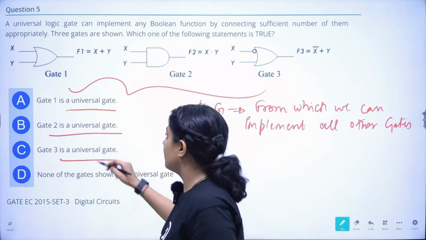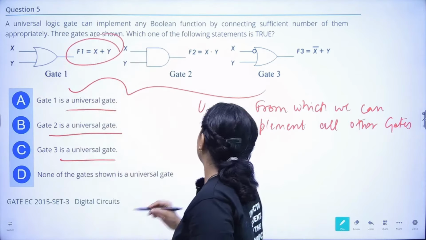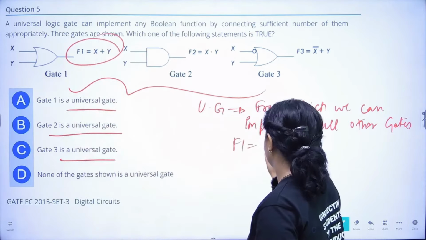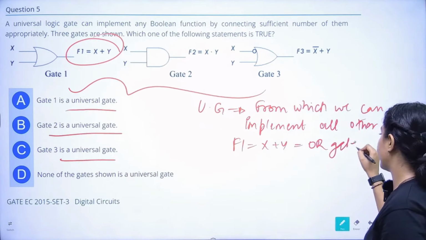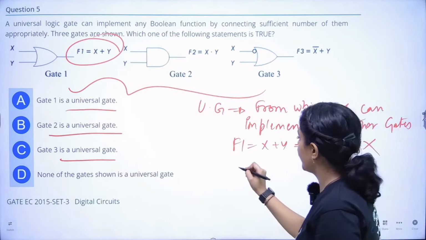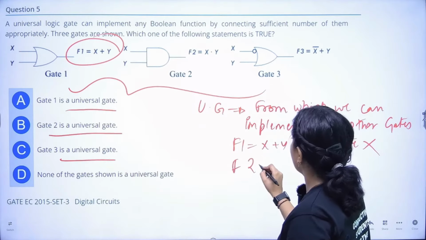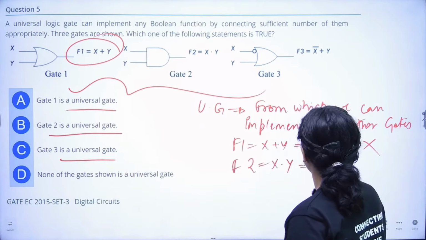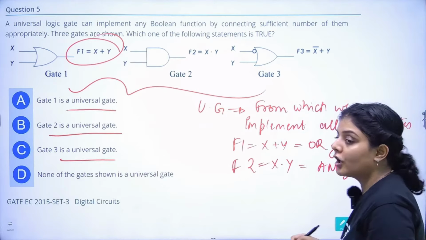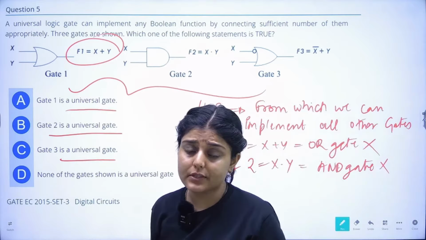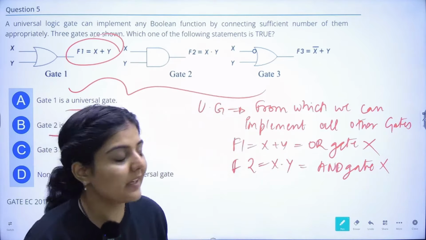From this expression, this is just our basic gate only. F1 is x plus y. This is OR gate, a basic gate, and not a universal gate. F2 is x dot y, AND gate, again not a universal gate. This is also not a universal gate because AND and OR are our basic gates.